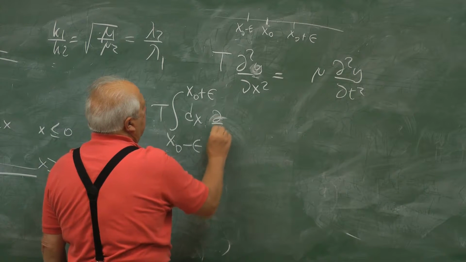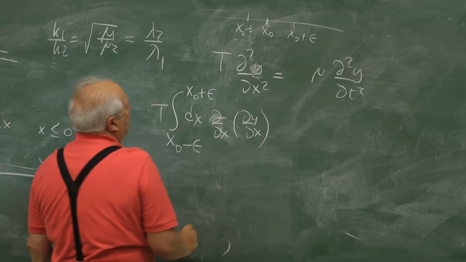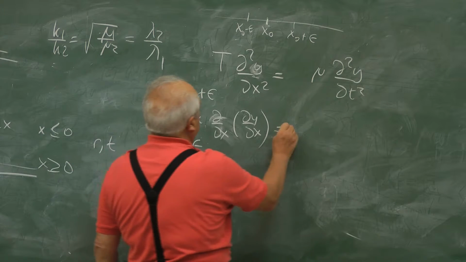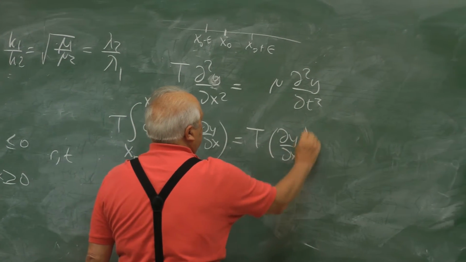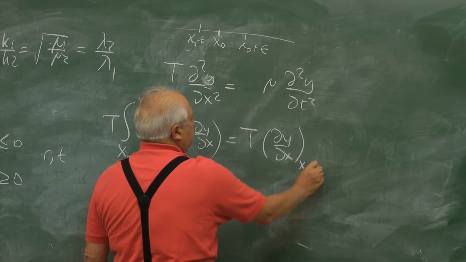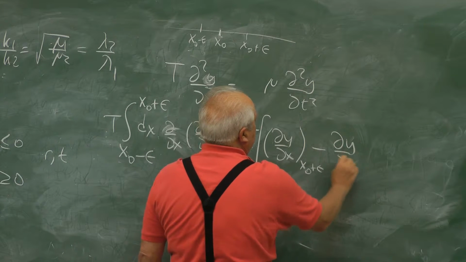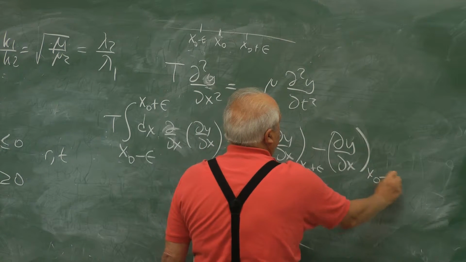This is d by dx of ∂y/∂x, and this integrates. So this is simply T times ∂y/∂x at x0 plus epsilon, since T is constant, minus ∂y/∂x at x0 minus epsilon.